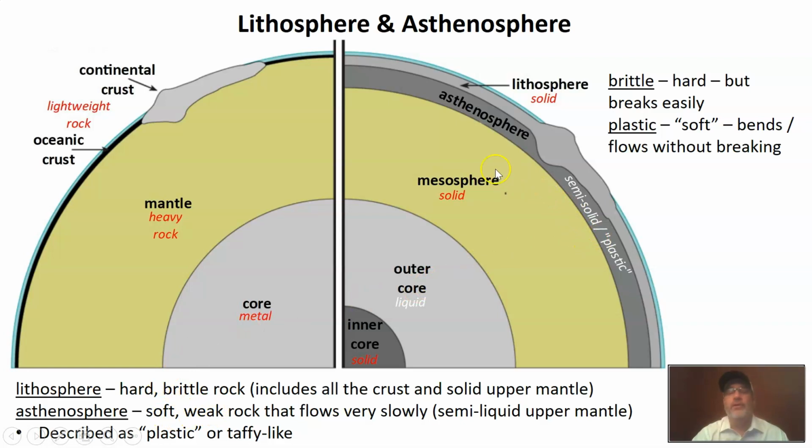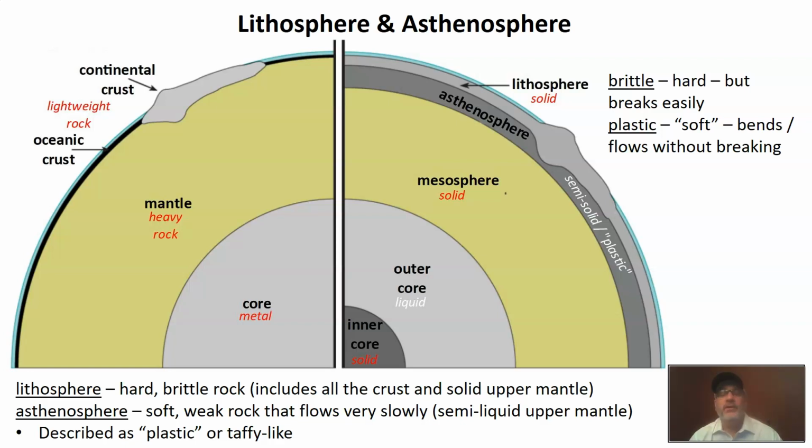Oftentimes, you're going to see or read that the asthenosphere is plastic. When you see this, it does not mean plastic as in the things around us that are disposable. Really, they just mean any substance that is soft and is going to bend and be able to flow without breaking. So our lithosphere is brittle, it's rigid, and it's going to break rather easily and fracture.